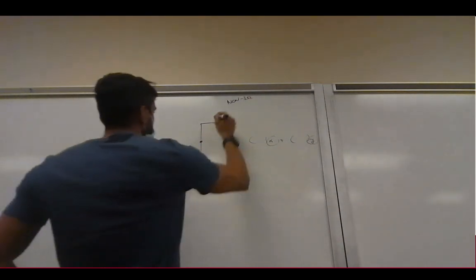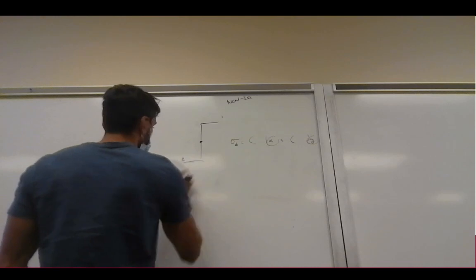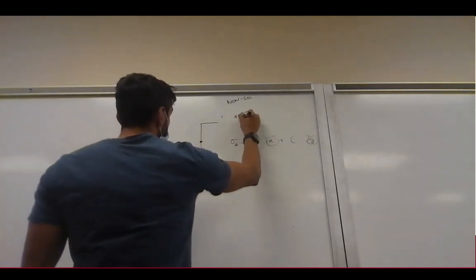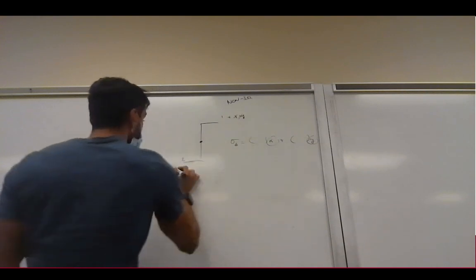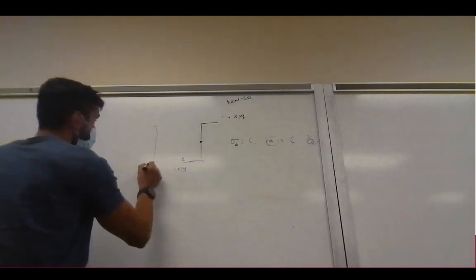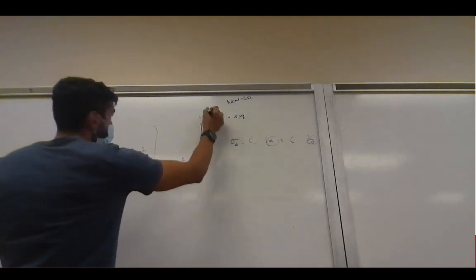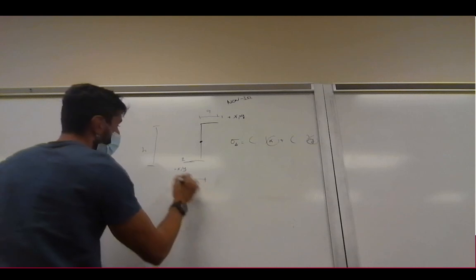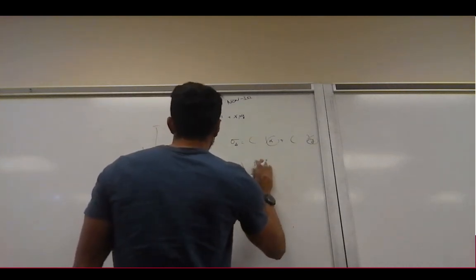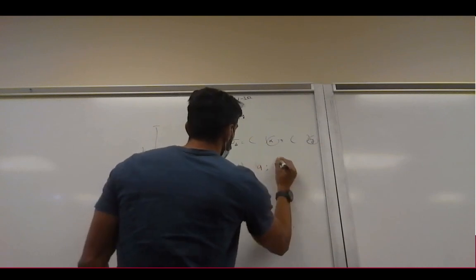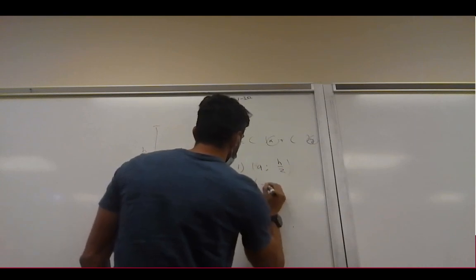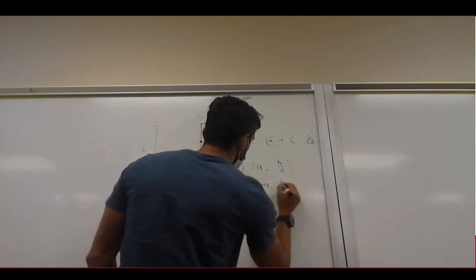So if we look at, say, point 1 and point 2 here, in this case, x is positive, y is positive. And in this case, x is negative, y is negative. And if this is h and this is a, and this is a as well, so point 1 becomes a, h over 2, so the xy coordinate system, and here it becomes negative a, negative h over 2.